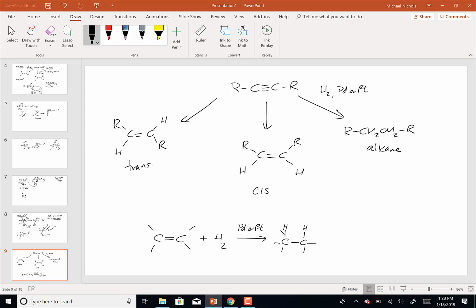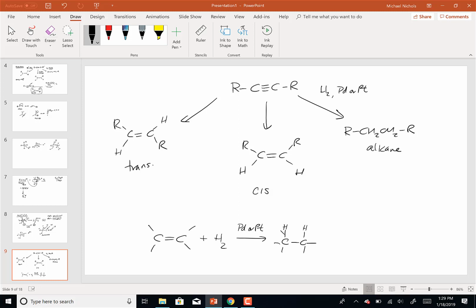And so when there's excess hydrogen there, I'm just going to take the triple bond all the way down to the single bond. Because the palladium and platinum is active enough to reduce a double bond. Okay. So if I just use the hot catalyst like palladium or platinum, I don't have a choice. It's going all the way to the alkane.